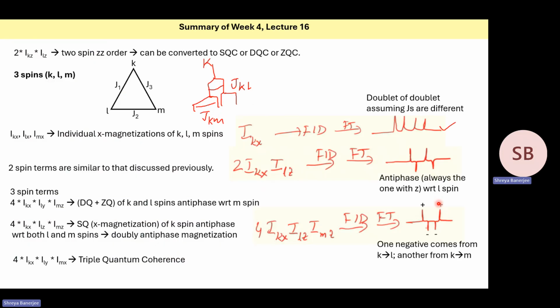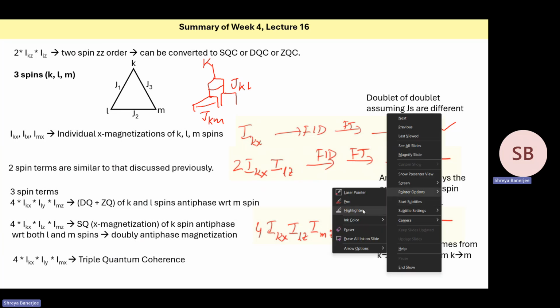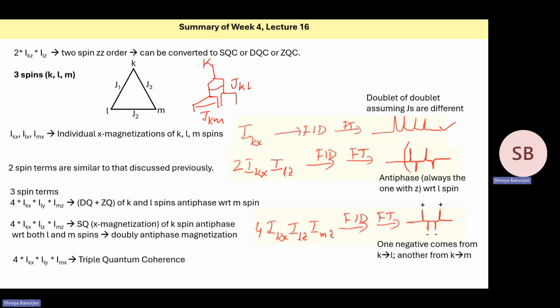Now you have three spins, so you will get another additional signal. If it was only two spins, you would only get this part. Three spins will give you another additional part, and each signal is antiphase with each other.